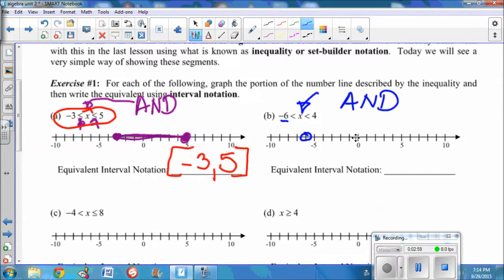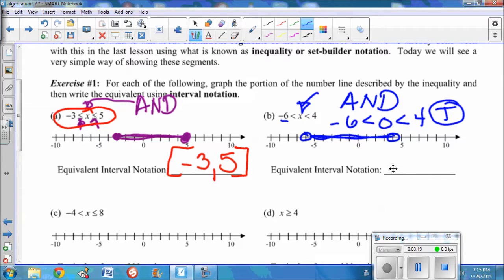And our ending point is at 4, but again, it's not included. And it's everything in between. We could pick any number in between, so say we picked 0. Is -6 less than 0, which is then less than 4? Is that true? It absolutely is.